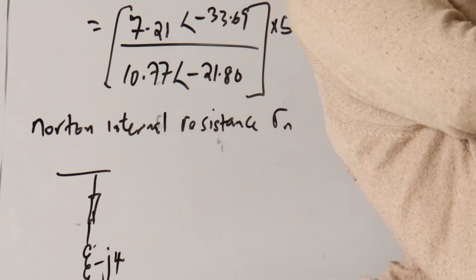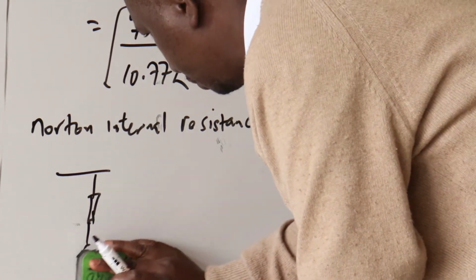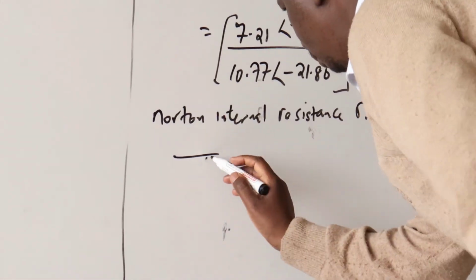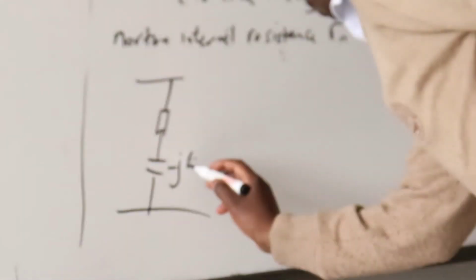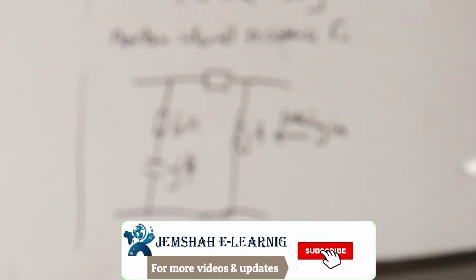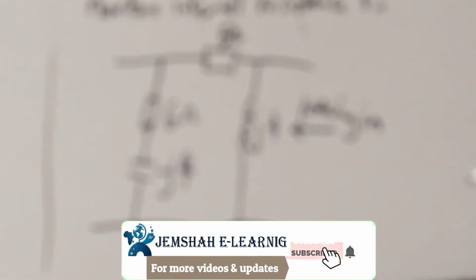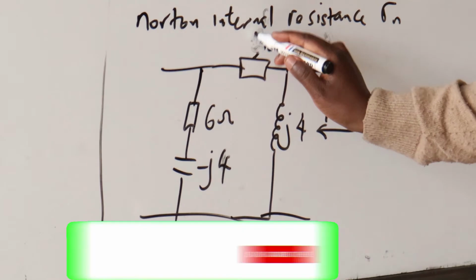Oh, there is a capacitor. By looking in, we shall realize that this is the kind of circuit we are going to have.